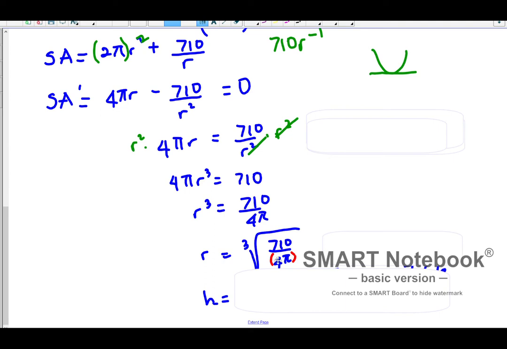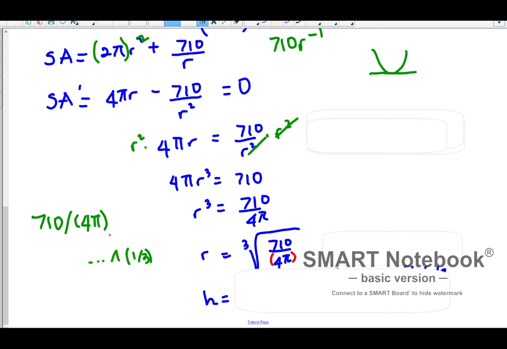And the only thing about this is when you're entering this into the calculator, be very careful, especially if you have the older version of the calculator. When you enter 710 over 4 pi, put the 4 pi in a set of parentheses so that you're dividing by the entire quantity. Otherwise, it will divide by 4 and multiply by the pi. And to take a cube root, whatever answer you get, raise that to the power of 1/3.